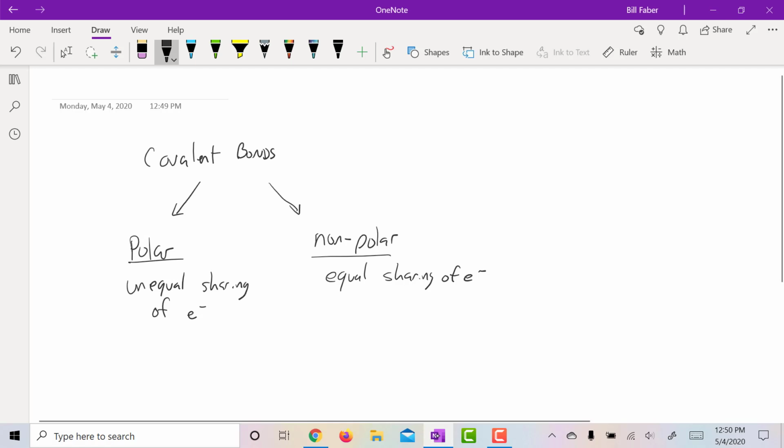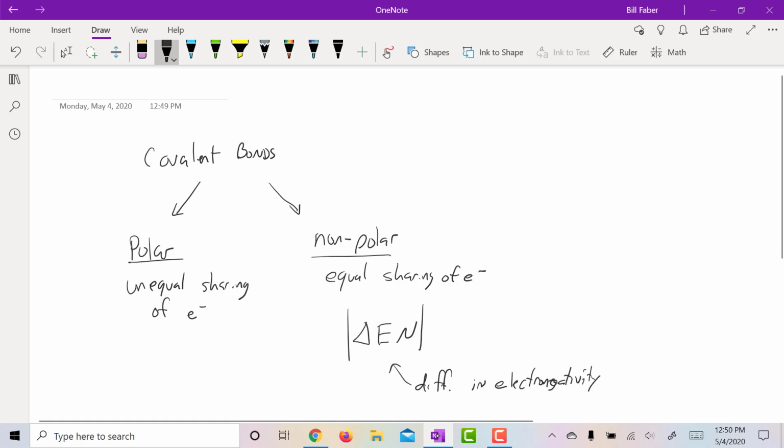So if we think of a nonpolar bond, we use this concept of the difference in electronegativity, and we use absolute values to figure this out. So this is the difference in electronegativity. And I'll show you where you get these values here in a minute.